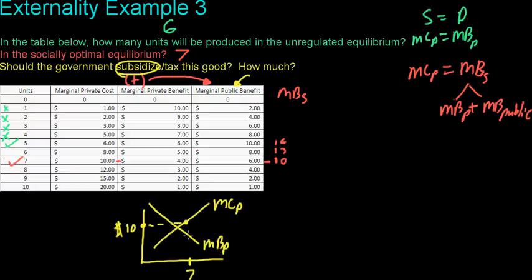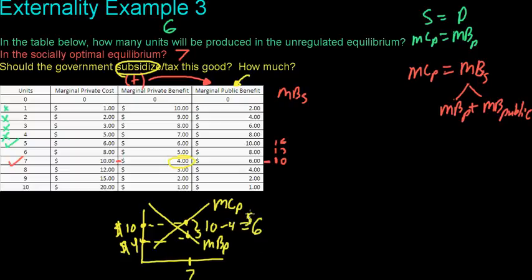And if we go down here, this right here is only 4. And we get that from right there. So this is 4. And so the value of the subsidy is 10 minus 4, which is equal to $6.